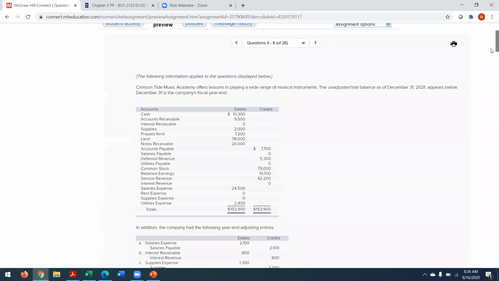So this problem here, question 4 through 8 in your homework. Crimson Tide Music Academy offers lessons in playing a wide range of musical instruments. The unadjusted trial balance as of December 31st, 2021 appears below.